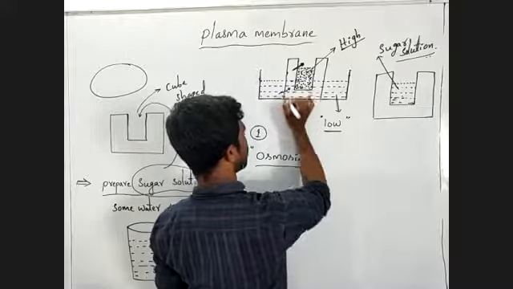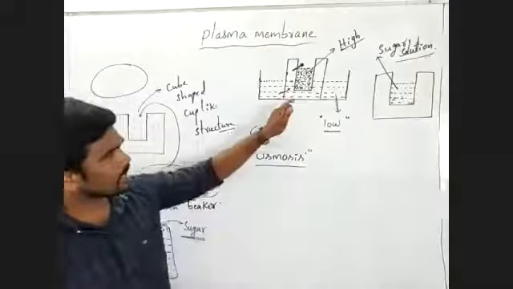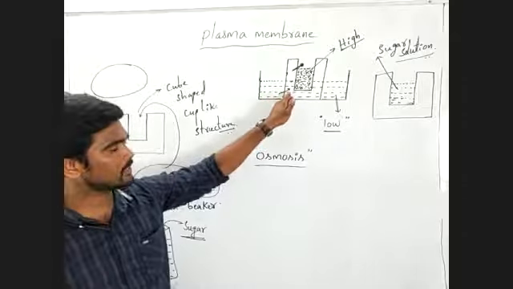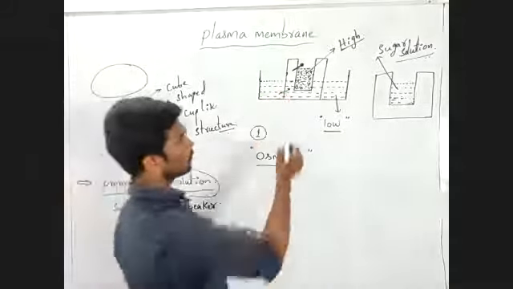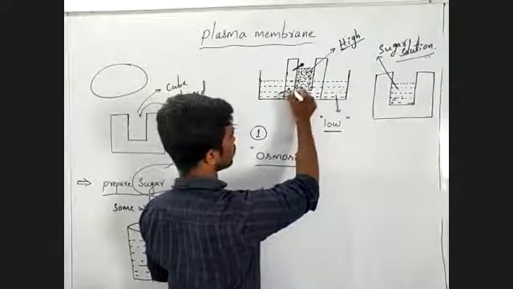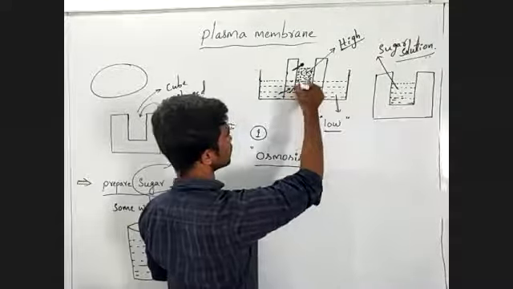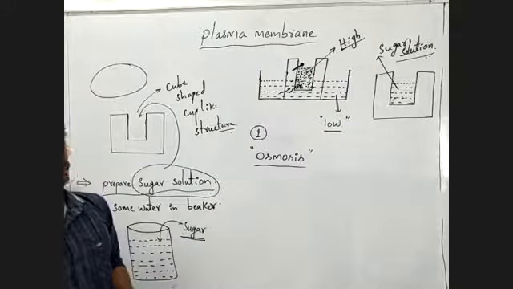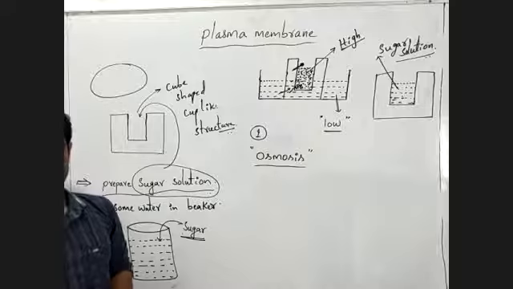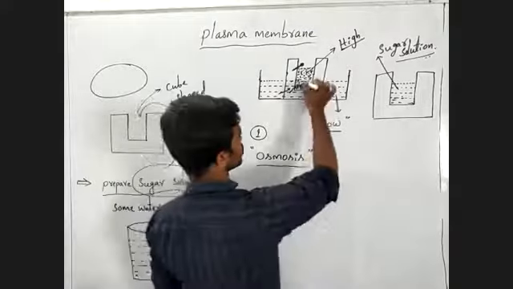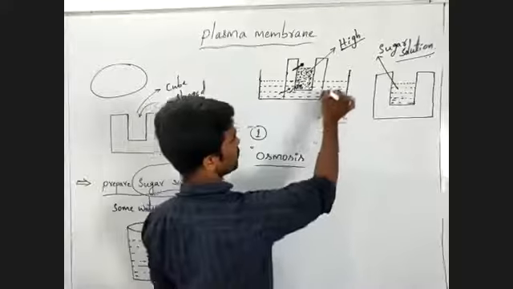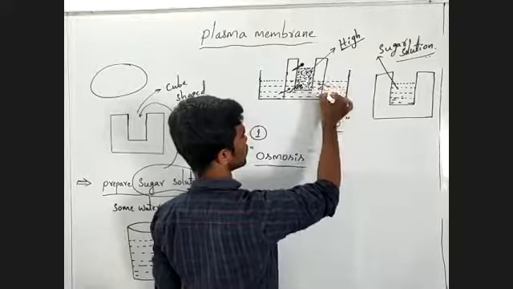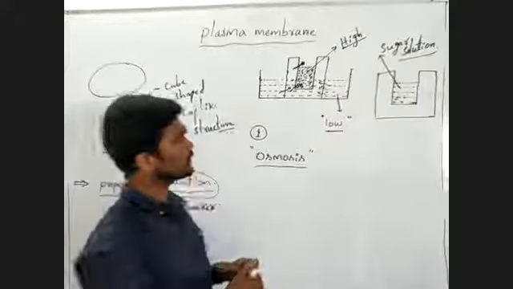That is why from the beaker, water moves into the cells of the potato first. From the cells of the potato, water moves into the high concentrated sugar solution. Understanding? Observe carefully. First, water is moving into the cell.